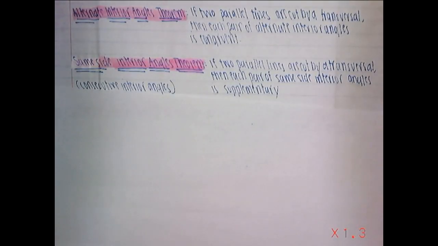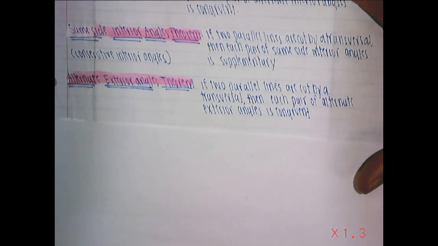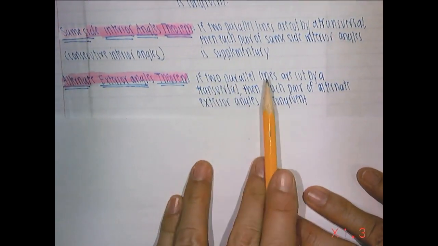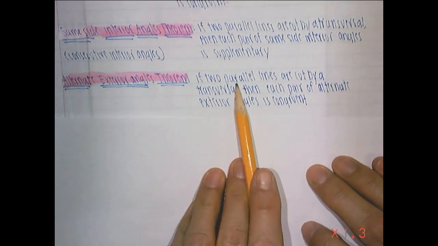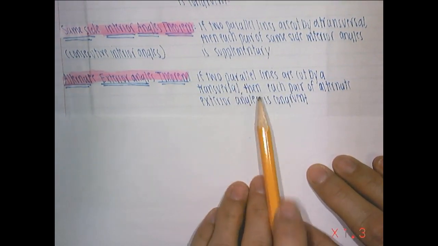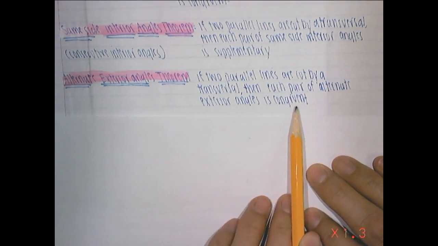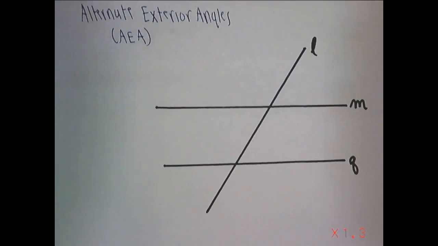And the last one we're going to talk about today is the alternate exterior angles theorem. If two parallel lines, again, only parallel lines, are cut by a transversal, then each pair of alternate exterior angles is congruent. So here are my alternate exterior angles.